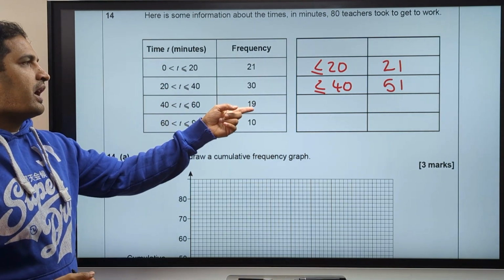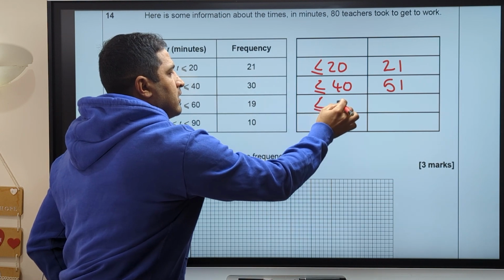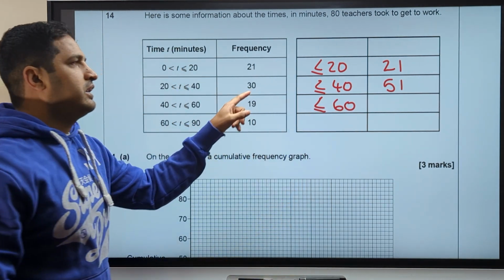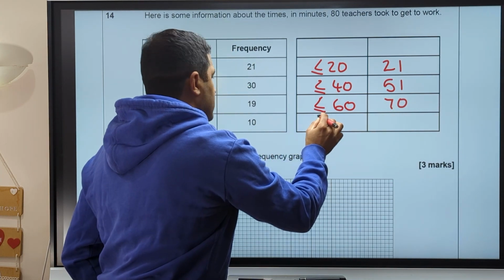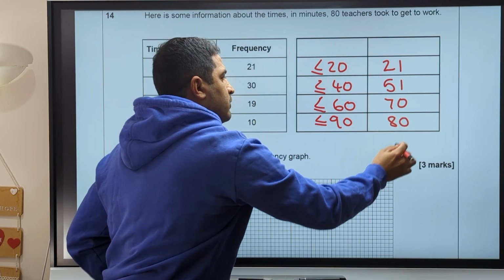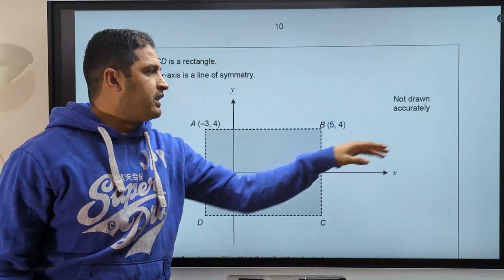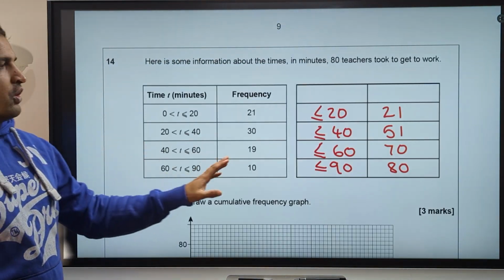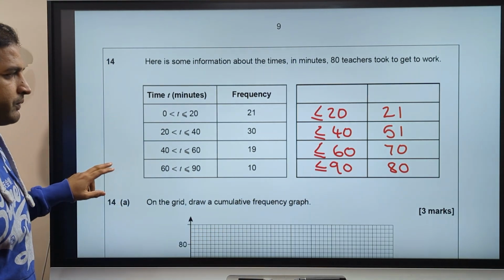And then adding that 19 on will be less than 60. 19 added on to that gives you 70. And then the last one, less than 90, gives you 80. Because there were 80 teachers who took part in the survey, less than 90 is 80. Everyone got there before 90 minutes. No one took more than 90 minutes to get to work.